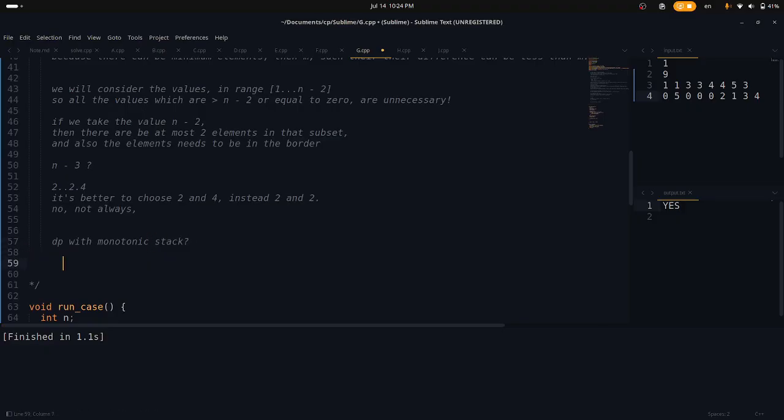Alright, for this stepping. Or maybe segment tree.